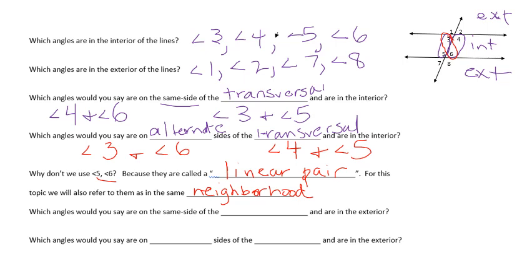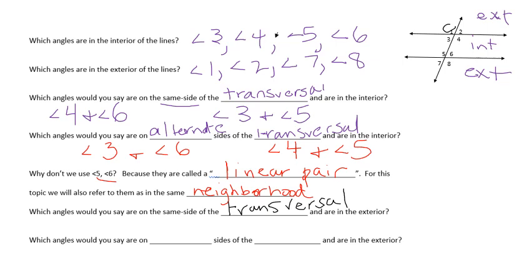Okay, let me do a little erasing here. Erase this part. Now let's talk about the exterior ones. Which angles would you say are on the same side of the transversal and are exterior?